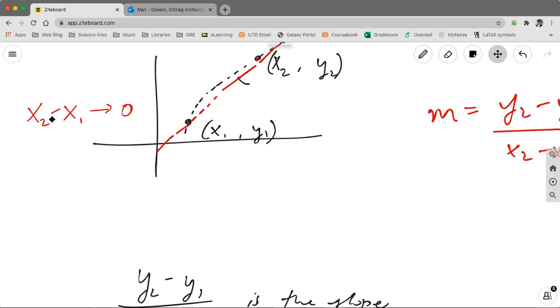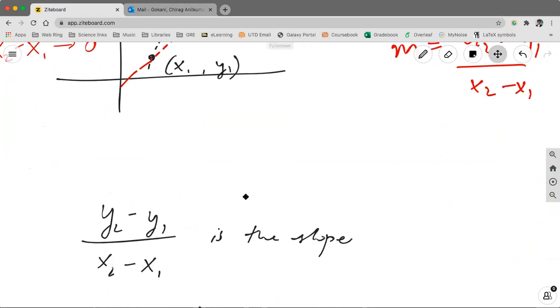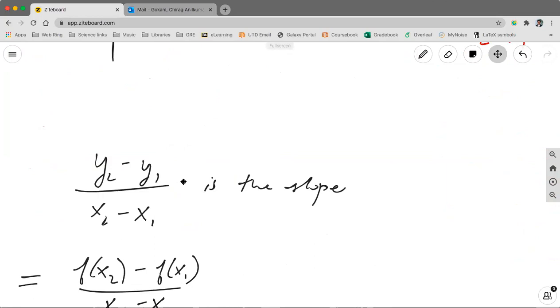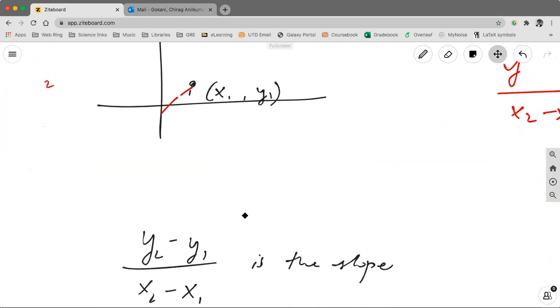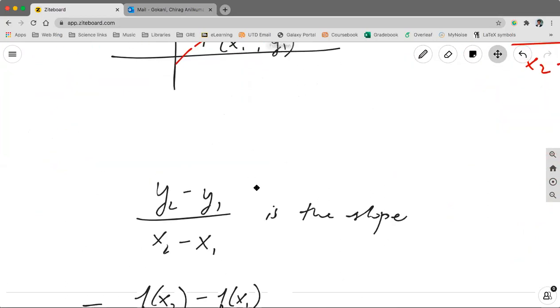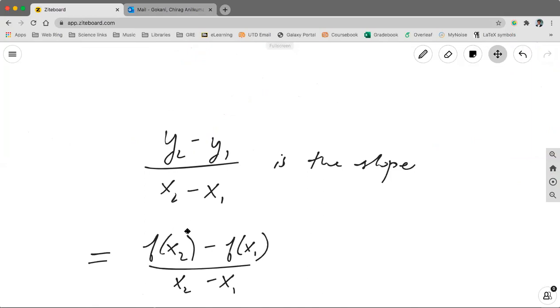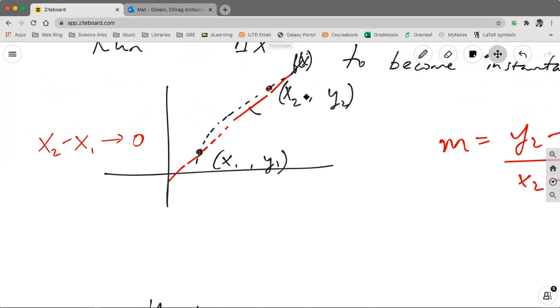The limit is a nice way of thinking about what values functions approach when certain values approach limiting cases like 0 or infinity. We just did a bunch of examples like that. So as you said, y2 minus y1 over x2 minus x1 is the slope. And I could write that because this function is f of x, I could write y2 as f of x2, right? That's what this point is, right?